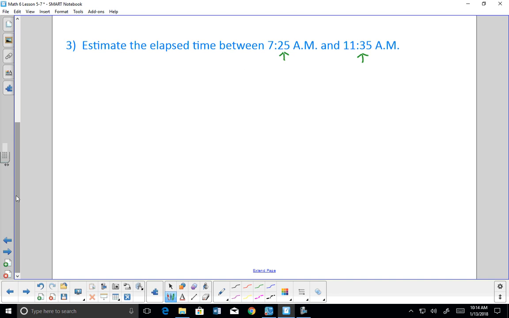So if I think about this, 7:25 a.m. is approximately equal to 7 a.m. because I'm going to round that one down because it's less than half.